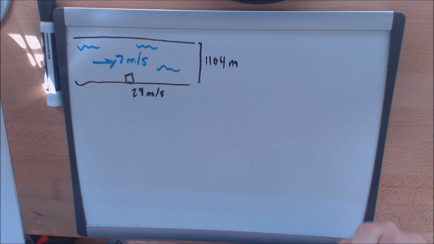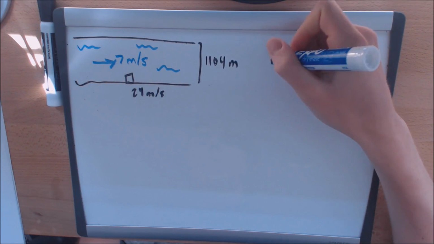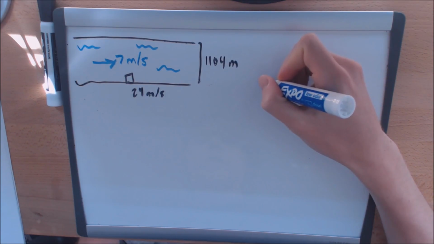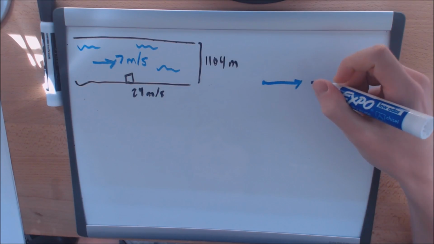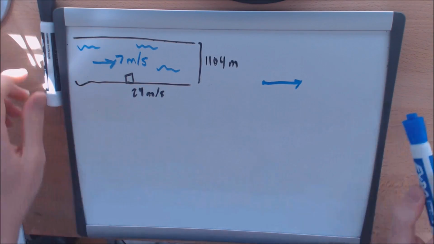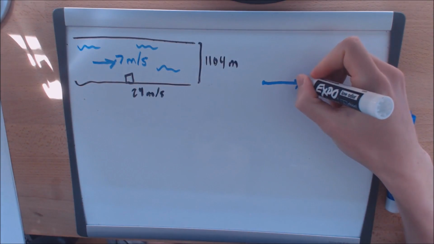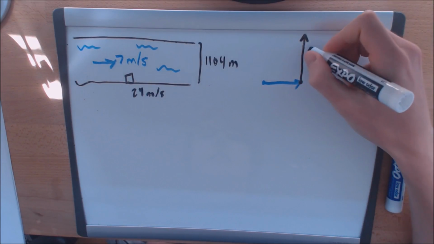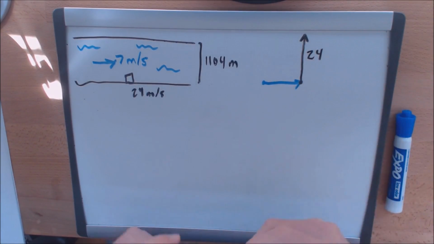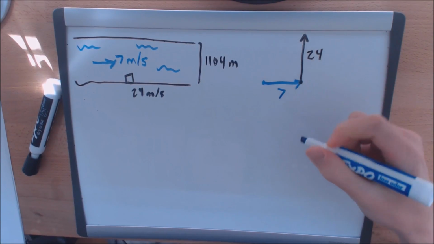So what we want to do here is we have two vectors. We have the water vector, and we also have the boat vector. And we always align vectors tip to tail. This boat one is 24 meters per second, and our water vector is 7 meters per second.